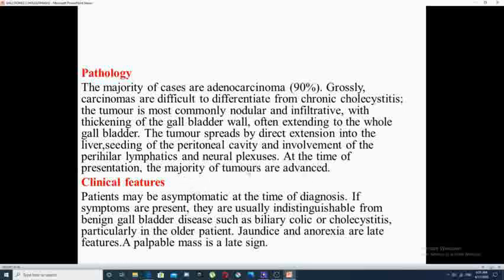The majority of these tumors are advanced at the time of presentation. Clinically speaking, patients may be asymptomatic at time of diagnosis. If symptoms are present, they are usually indistinguishable from benign gallbladder disease, like biliary colic or cholecystitis, particularly in the older patient. Jaundice, anorexia, and palpable mass are late signs.